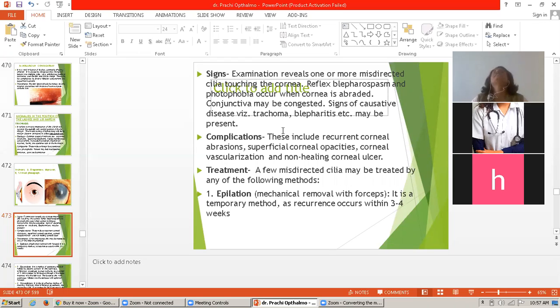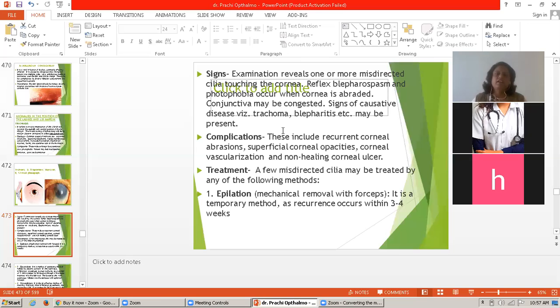So when we examine a patient of trichiasis, we can see reflex blepharospasm and photophobia, congested conjunctiva, and signs of causative disease such as trachoma, blepharitis, etc.